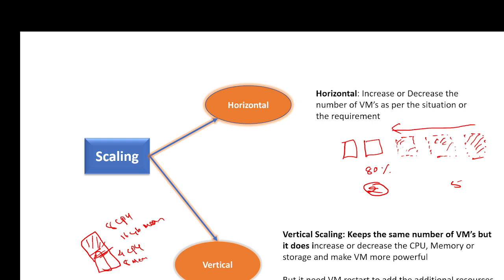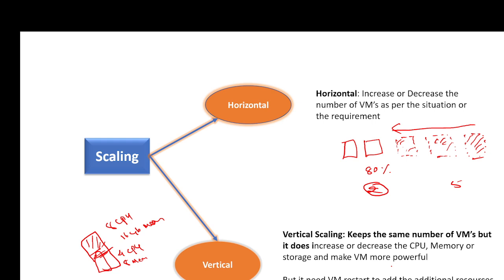But in case of vertical, we need to restart the server to increase the size of the virtual machine. Then you will have application downtime for some time, maybe around 10 minutes or 5 minutes. The application will get restarted or shut down. That is called vertical scaling. It needs the VM restart to add the additional resources.